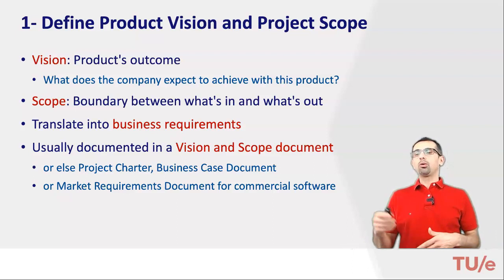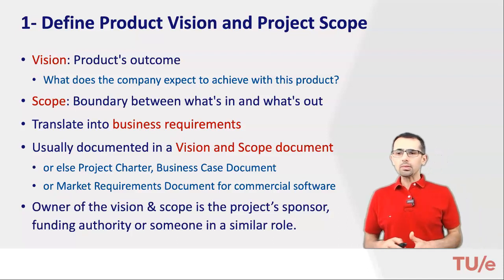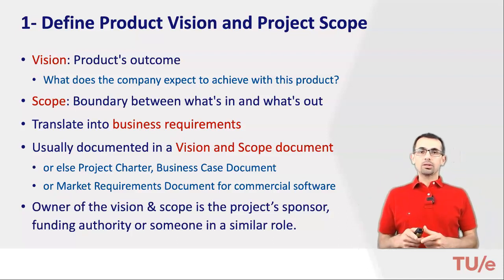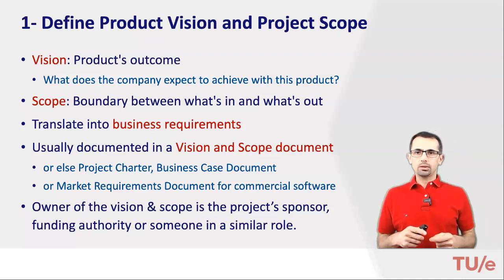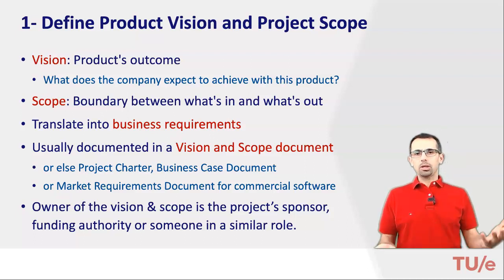That's also possible, or a project charter or a business case document, or a market requirements document for commercial software, and so on. These are the different names that we see being used in practice. The owner of the vision and scope document is the project sponsor, the funding authority, or someone in a similar role.